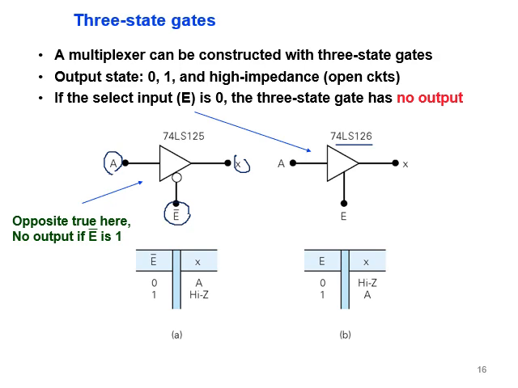If E is 0, then Z will be high Z, and if it is 1, then A will appear across the output, as you can see here. Vice versa for E dash. When it is 0, A will appear across the output. When it is 1, high Z.